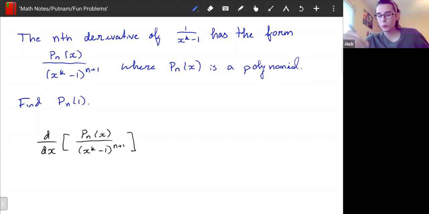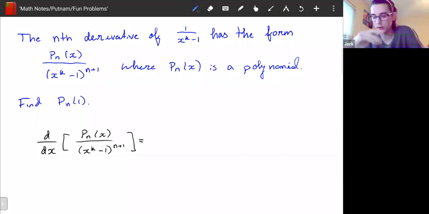This is going to contain the p sub n plus 1 polynomial, because it is the n plus 1th derivative of our original function. So we'll have an equation that hopefully relates p sub n to p sub n plus 1.